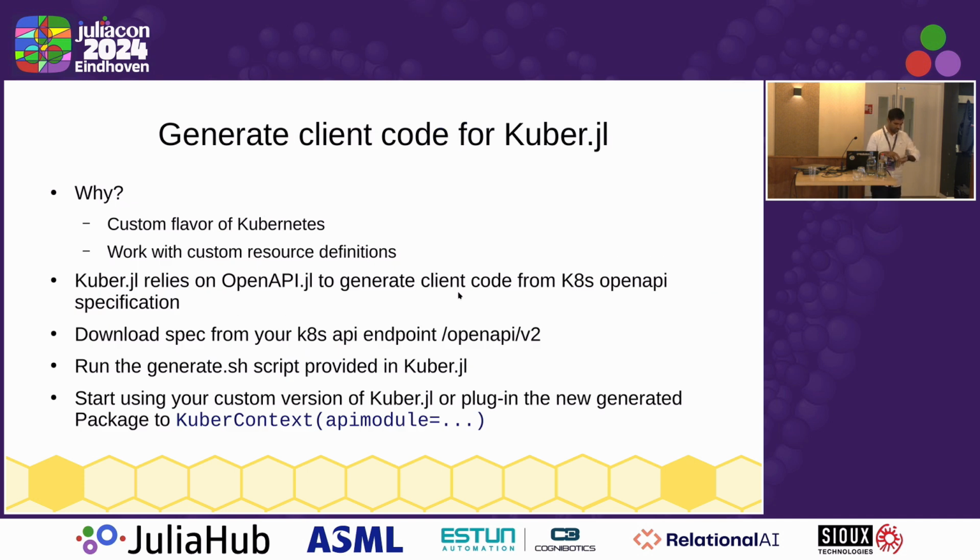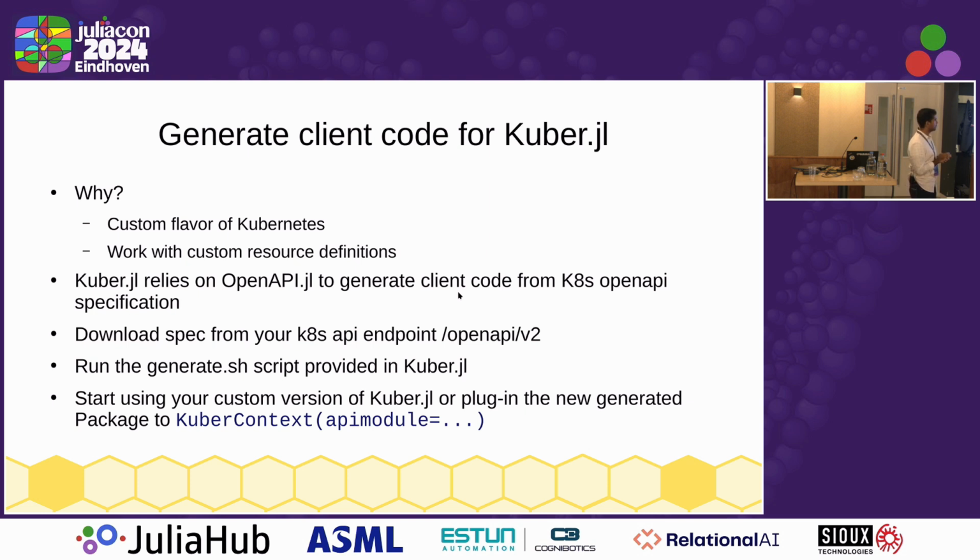Okay, do I have time? Okay. So as I said, Kuber.jl is based on OpenAPI.jl. 2 days ago, we had a talk from Tanmay about generating a client using OpenAPI. So Kuber.jl is such a package which uses OpenAPI.